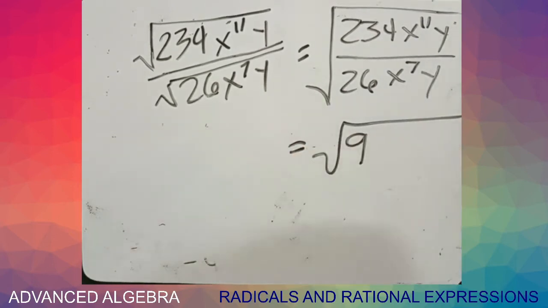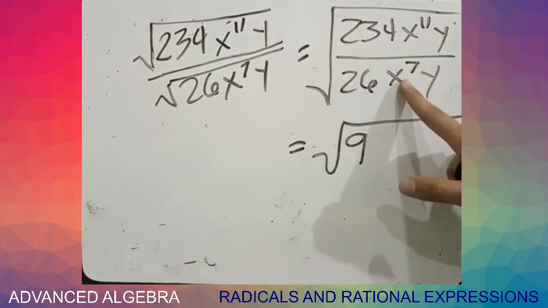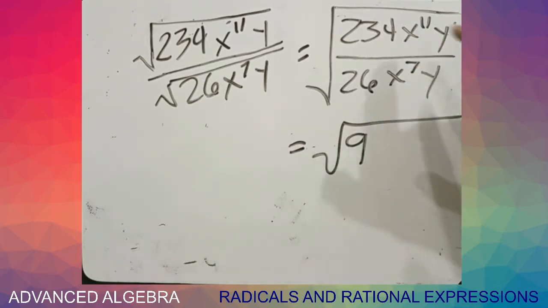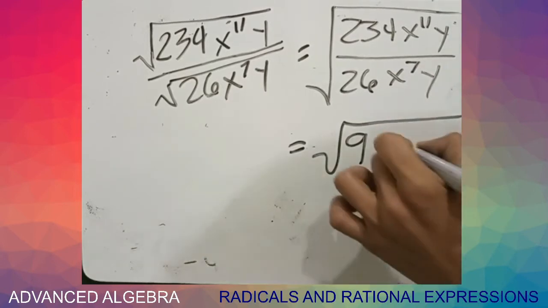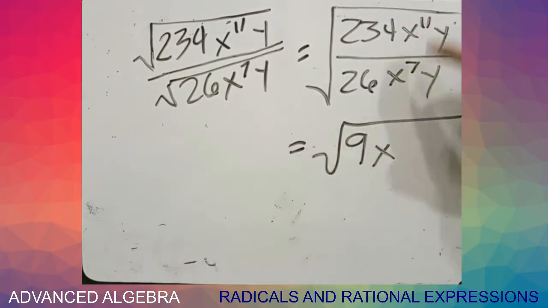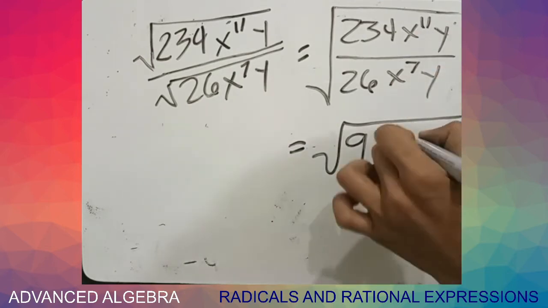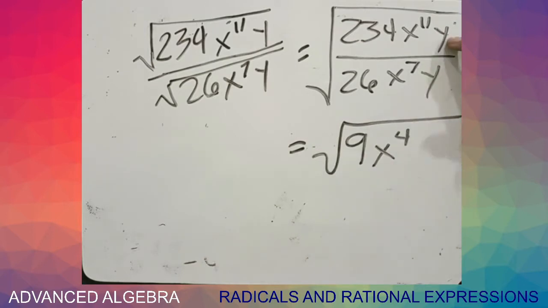Okay, next. Ang gagawin naman natin, dahil meron tayong variable sa taas, may variable tayo sa baba, ang gagawin natin, pagmaminisin natin yung kanyang exponent. Okay? So, 11 minus 7 ay 4. Okay? Ano exponent ng y? 1.